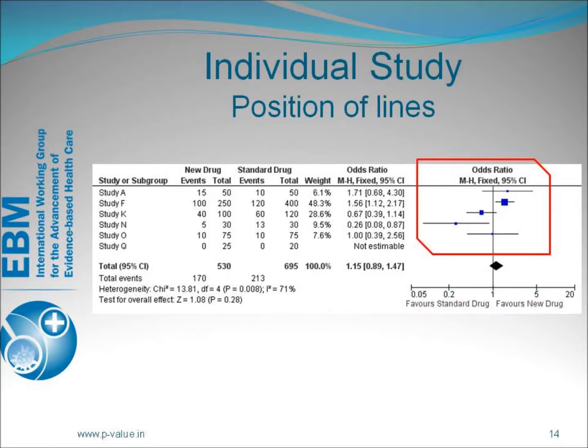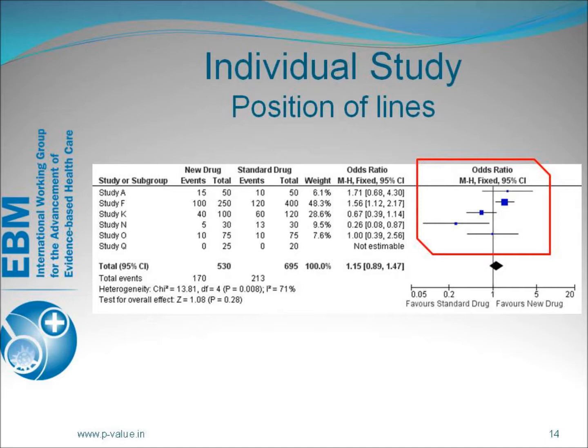Study A and F favor new drug as there are better cure rates with the new drug. Study K and N have a point estimate of odds ratio on the left hand side, that is, standard drug showed better cure rates.